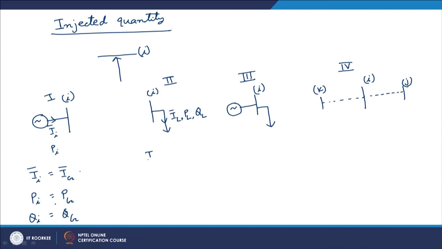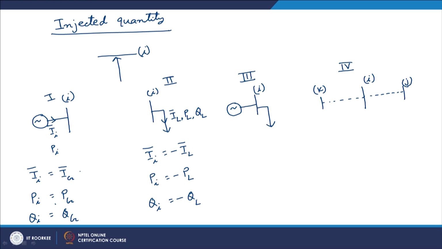So the injected quantity at bus I for a load bus, when there is only a load connected, should be equal to the negative of the current drawn by the load. Similarly, Pi should be equal to the negative of the load real power, and Qi should be the negative of the load reactive power.